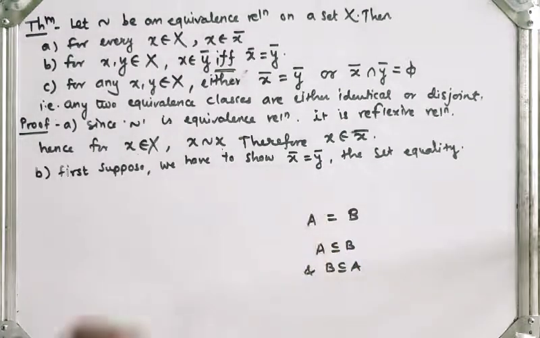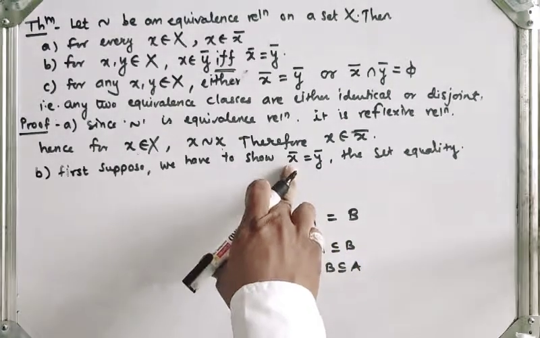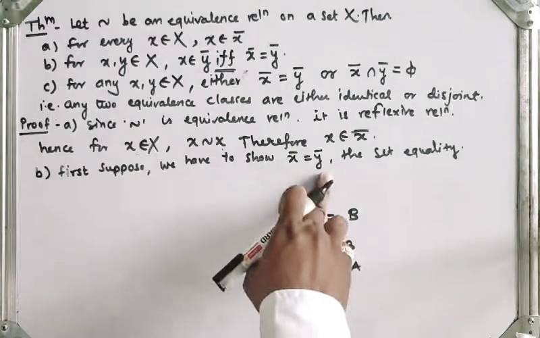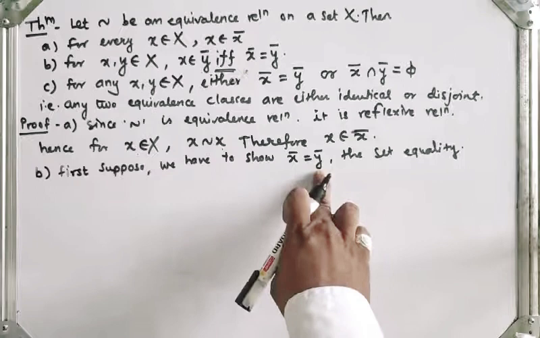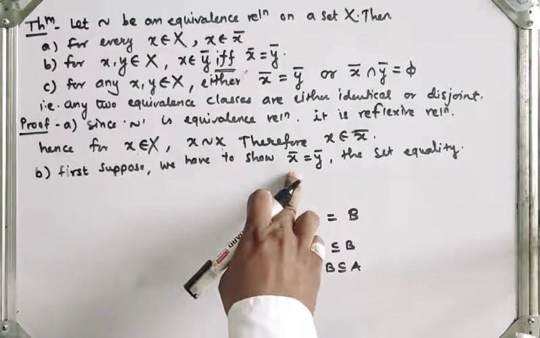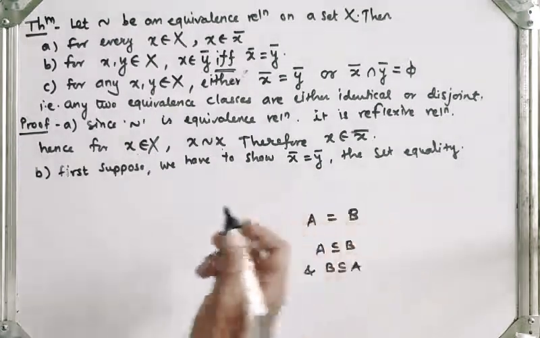It means if I take any element from the set x bar, then it also belongs to y bar. In the other case, if I take an element from the set y bar, it is also in x bar. Now let's see what happened.